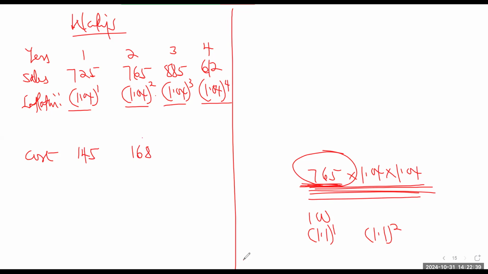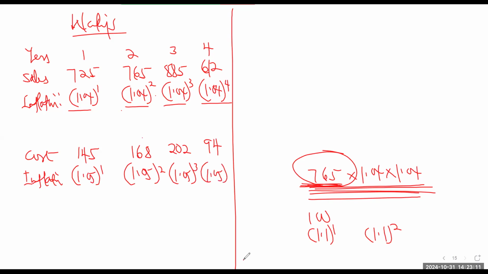Year 3 is 202, and year 5 is 94. So this one, the inflation is 5%. So you have 1.05 exponent 1, 1.05 exponent 2, 1.05 exponent 3, and 1.05 exponent 4.